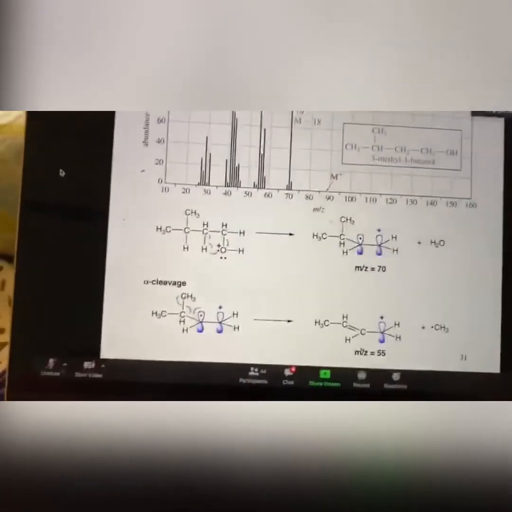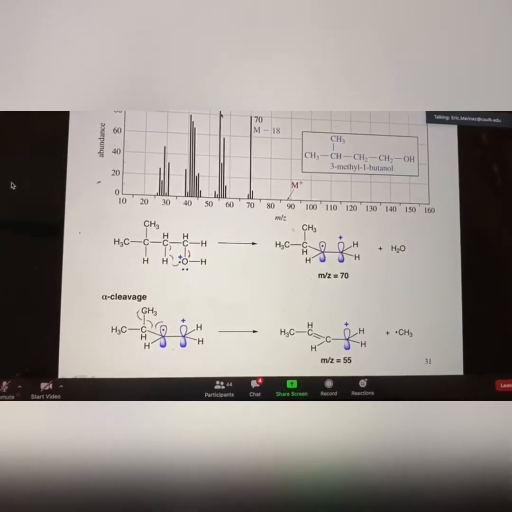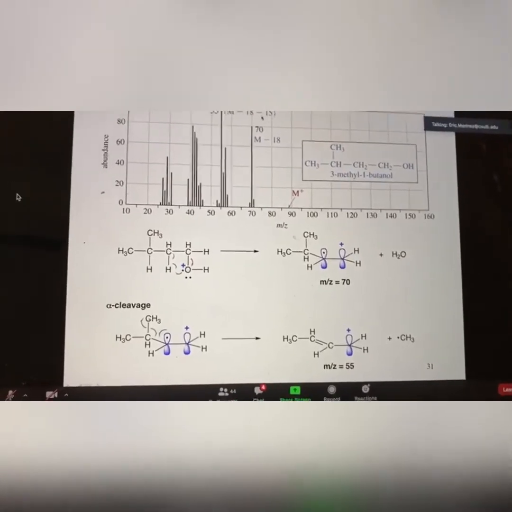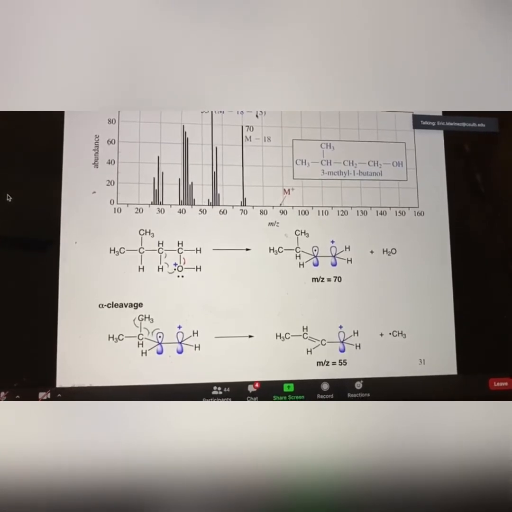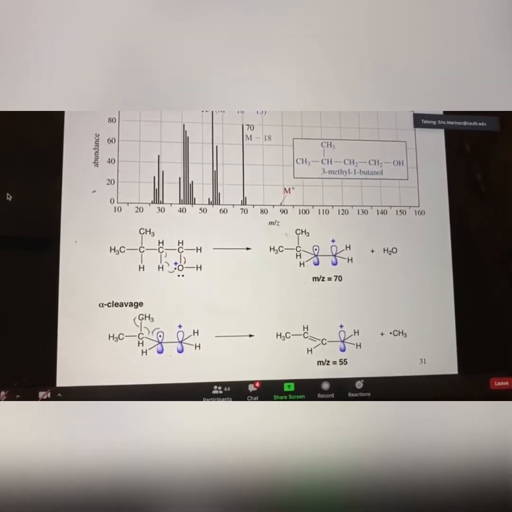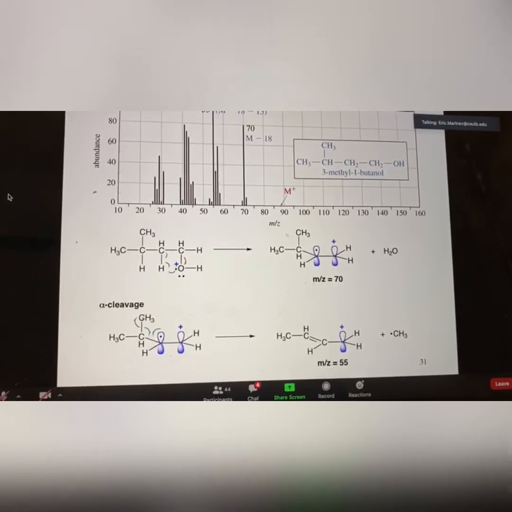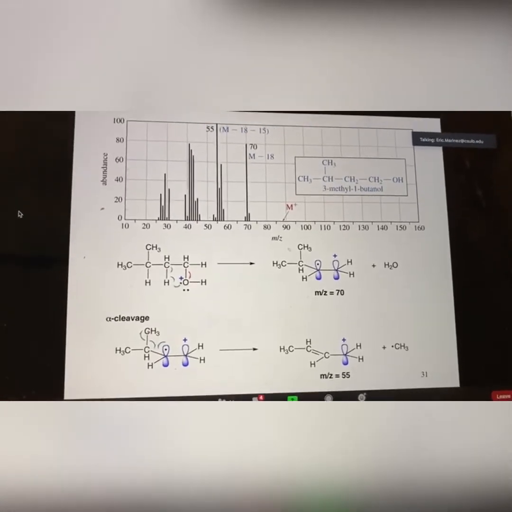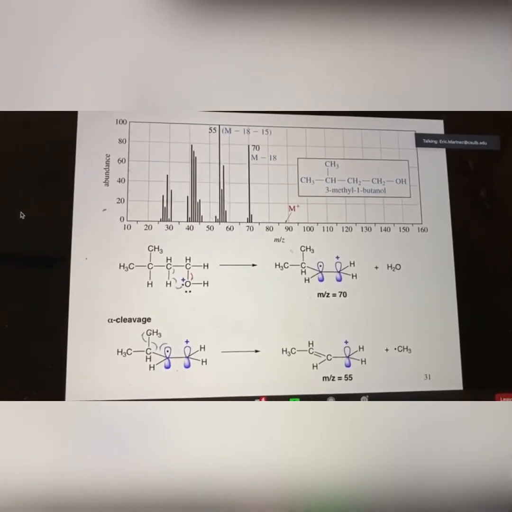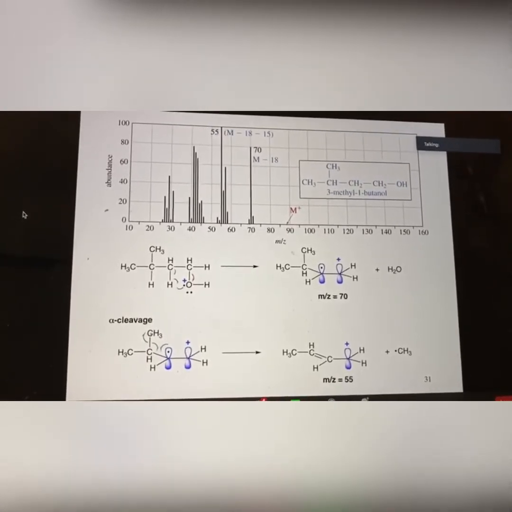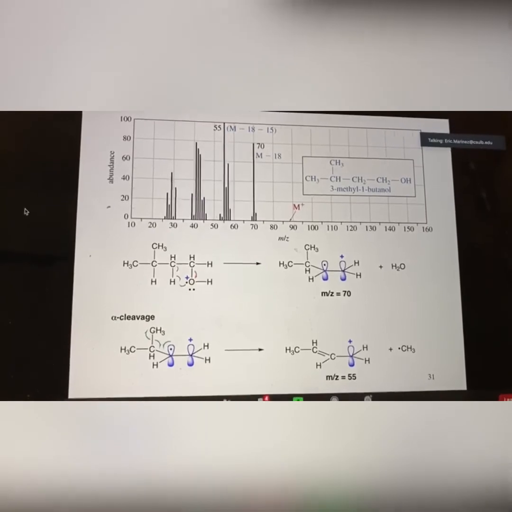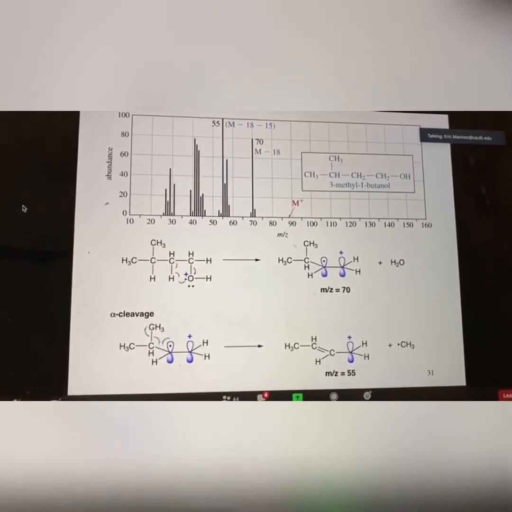So notice this is my m/z equal to 55, which is loss of water plus a methyl group. Again, we could continue doing this, but the point I want you to observe here is that fragmentations will always occur to form really stabilized carbocation systems or cation systems.